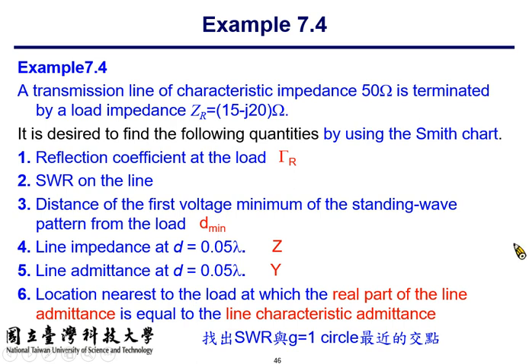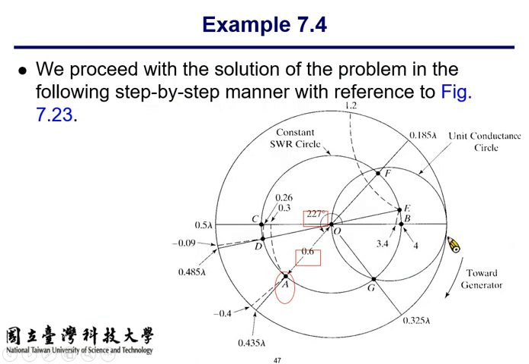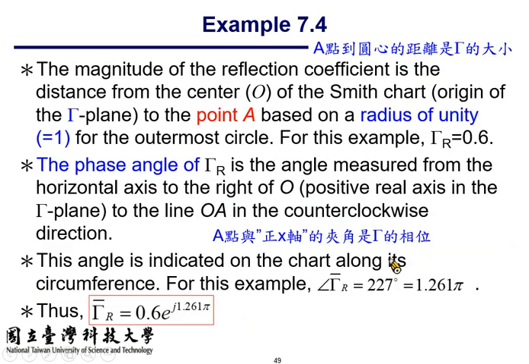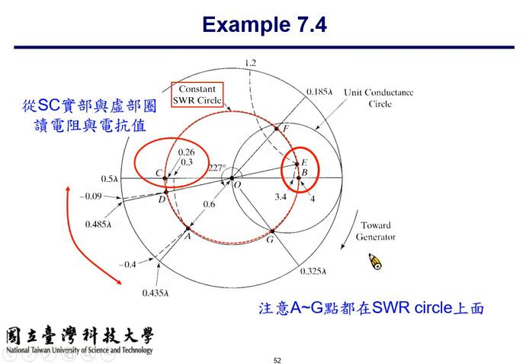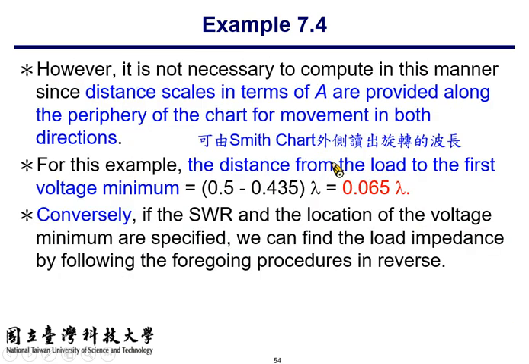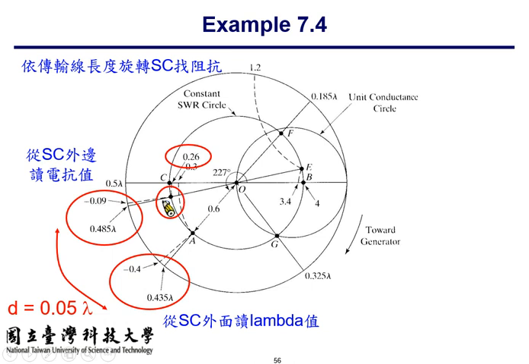Actually, the position D can be found by moving along the SWR circle to the opposite of it. That is point F in this plot.